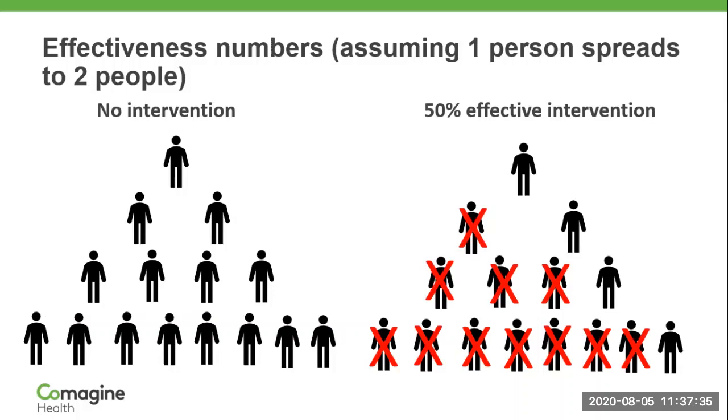This is a reconstruction of what was presented at the Johns Hopkins contact tracing course. It's to point out that when you've got something like COVID-19, where one person overall, in general, infects more than one other person, you get that logarithmic increase in cases that we've all seen.